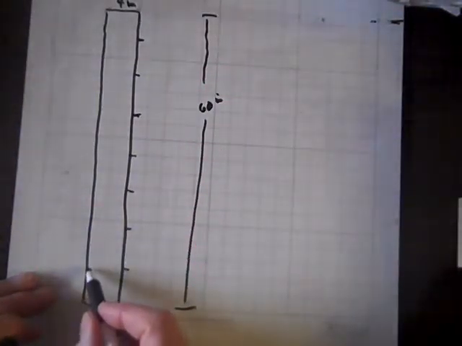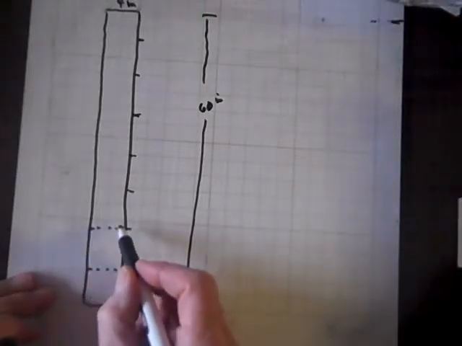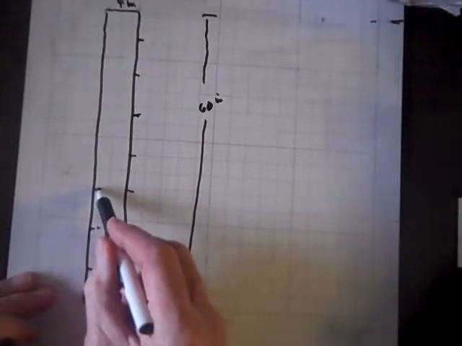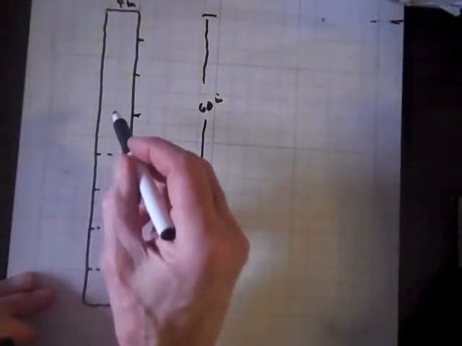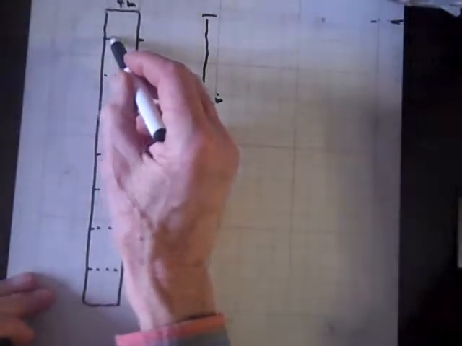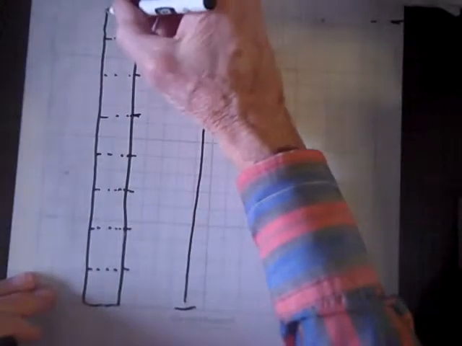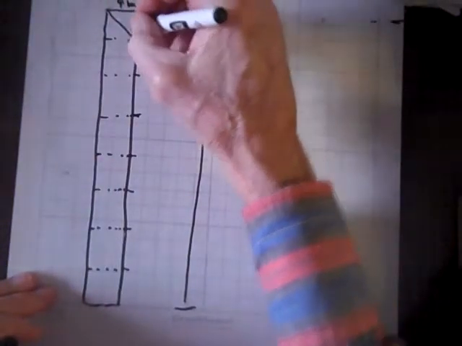Now we're going to draw a line across at each halfway mark. And we'll also draw a diagonal, and this represents the wire.